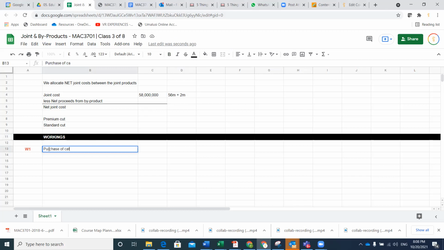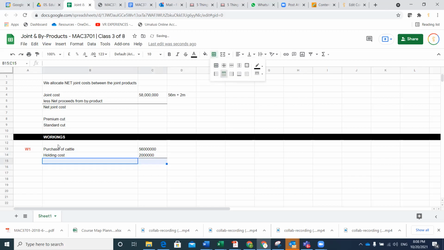So the joint cost is basically purchase of cattle, holding costs. Okay, so that was 56, 123, 123, and then 2, 123, 123. So this gives us the total joint costs, which comes to the sum of 58 million.